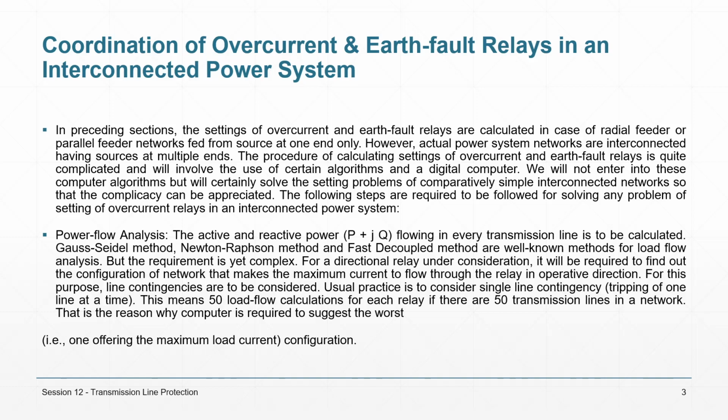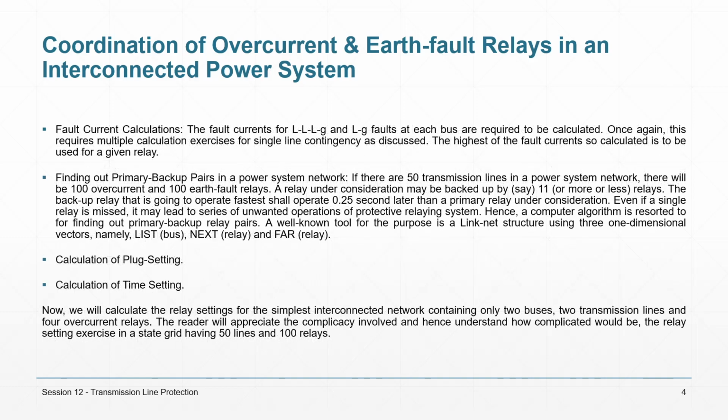Many methods are used, and you run that method, and the maximum current through R1 will decide the plug setting of R1. So very cumbersome, right? So this is the way in which the plug setting is done.